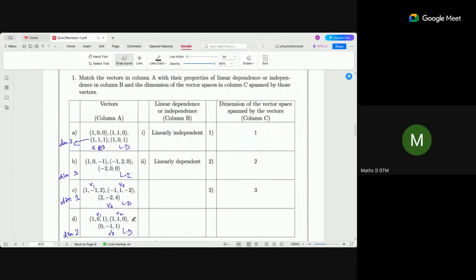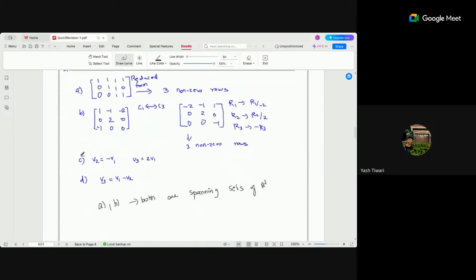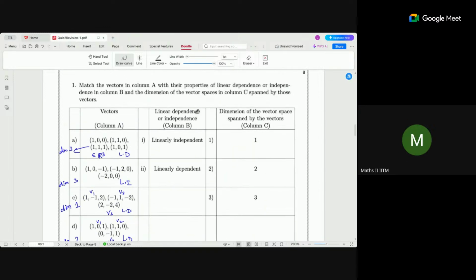But which one of these is the basis of R3, A or B? B. Yes, so A is not a basis, but B is a basis for R3. So a spanning set which is also linearly independent is a basis.